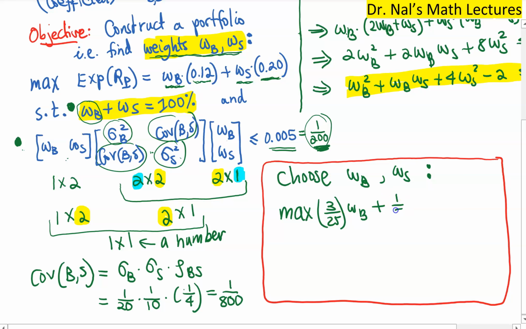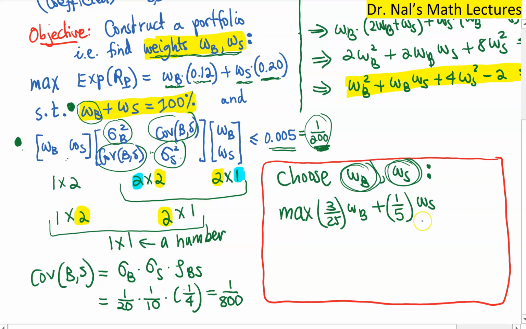Let's just write 1 over 5 WS. So I want to choose WB and WS, namely construct a portfolio, deciding the weight of bonds and the weight of stocks, what proportion should be invested in bonds and what proportion in stocks, such that this objective function is maximized.